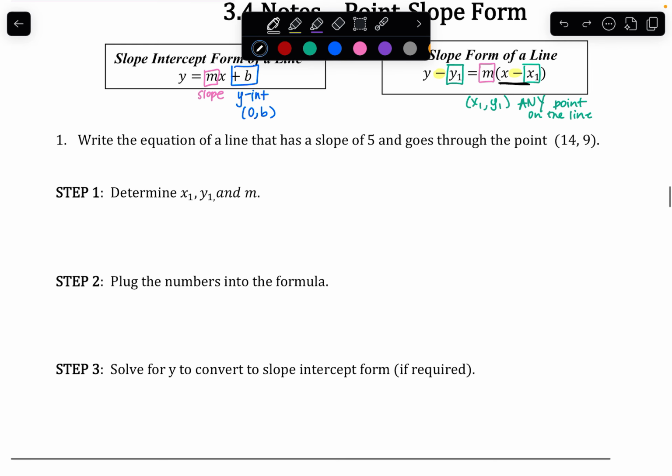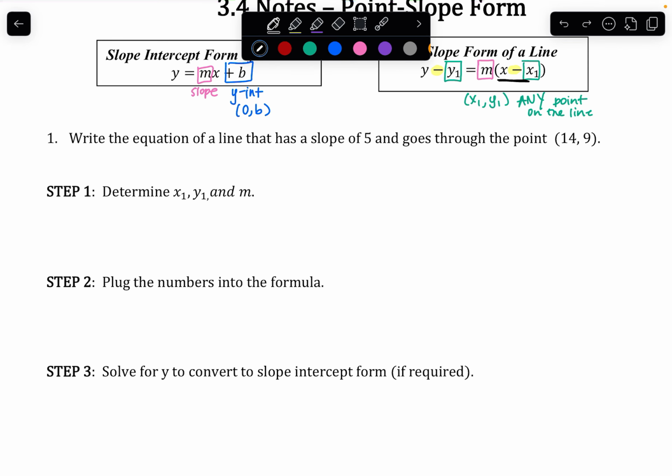Okay, and so example 1, write an equation of a line that has a slope of 5 and goes through the point (14, 9). Okay, and so our slope is 5, our x-coordinate is 14, our y-coordinate is 9.